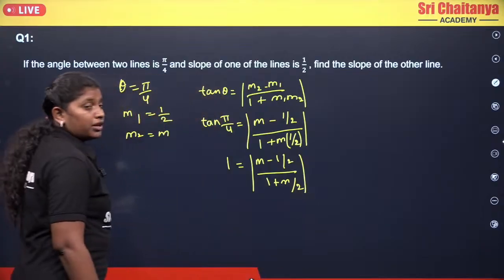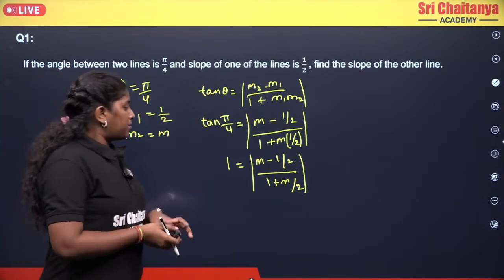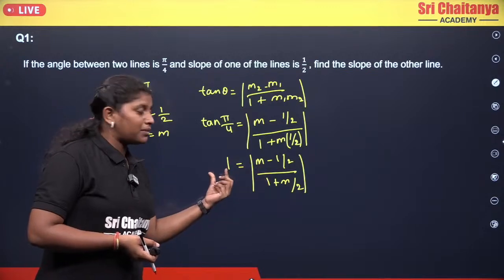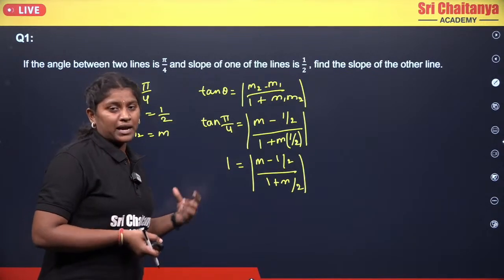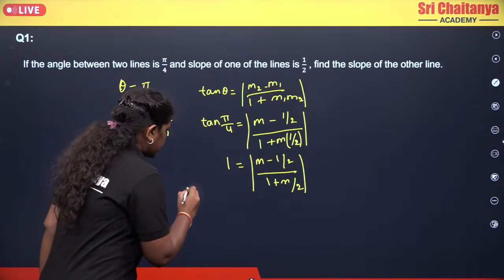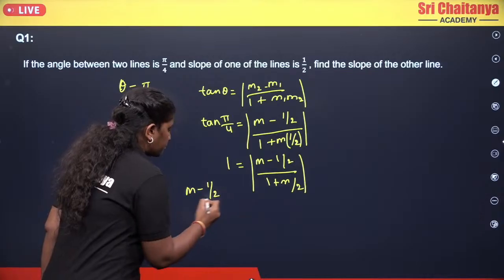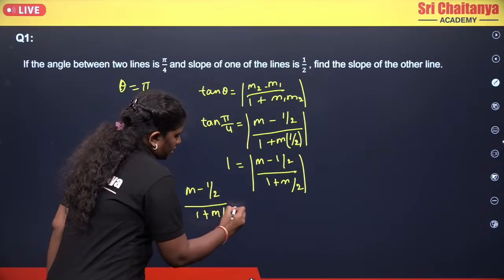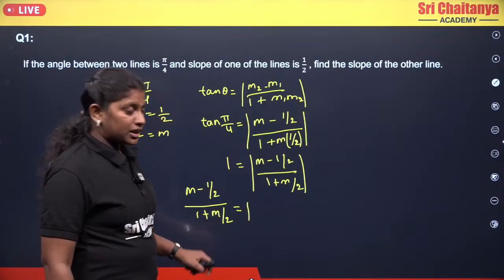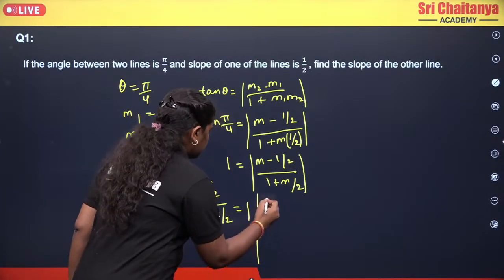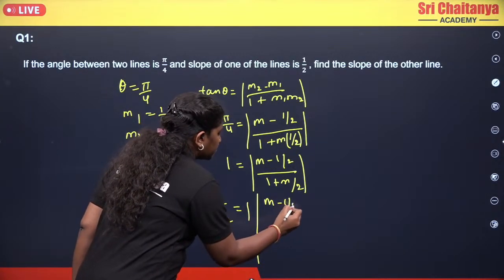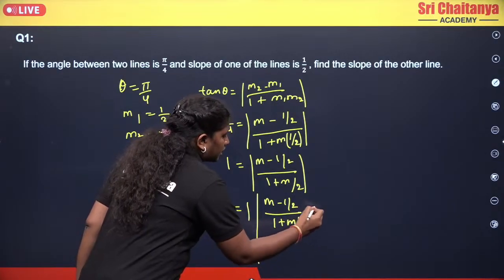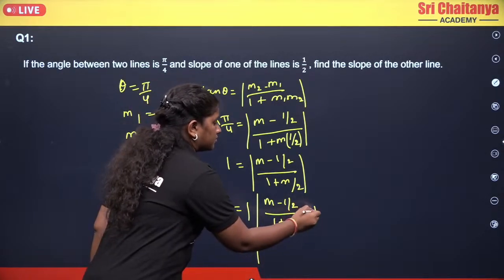If you observe clearly, because of the modulus we will have plus or minus here. So one condition is (m minus 1 by 2) by (1 plus m by 2) equals plus 1, and the other condition is (m minus 1 by 2) by (1 plus m by 2) equals minus 1.